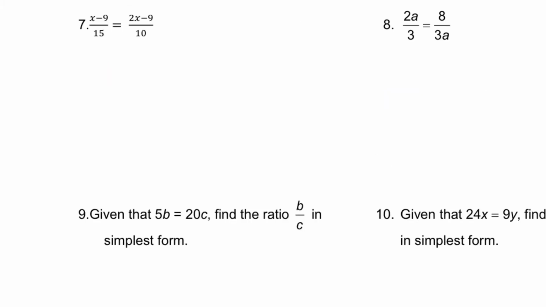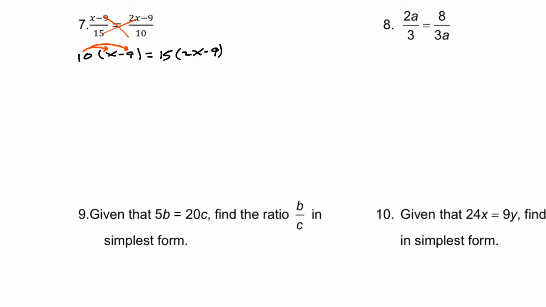Moving on to number 7. Again, we're going to do our cross products and set them equal to each other. So we'll have 10 times the quantity x minus 9. That has to be equal to 15 times the quantity 2x minus 9. I'm just going to go ahead and distribute on both sides.